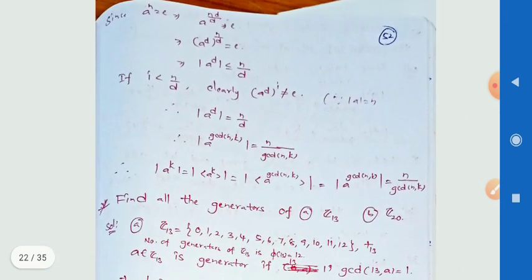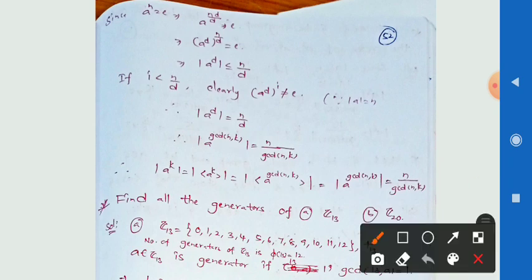Now we have a power n is equal to e. Here d by d is cancelled, so a power n is equal to e can be written as a power nd by d is equal to e, and it can be written as a power d whole power n by d is equal to e.